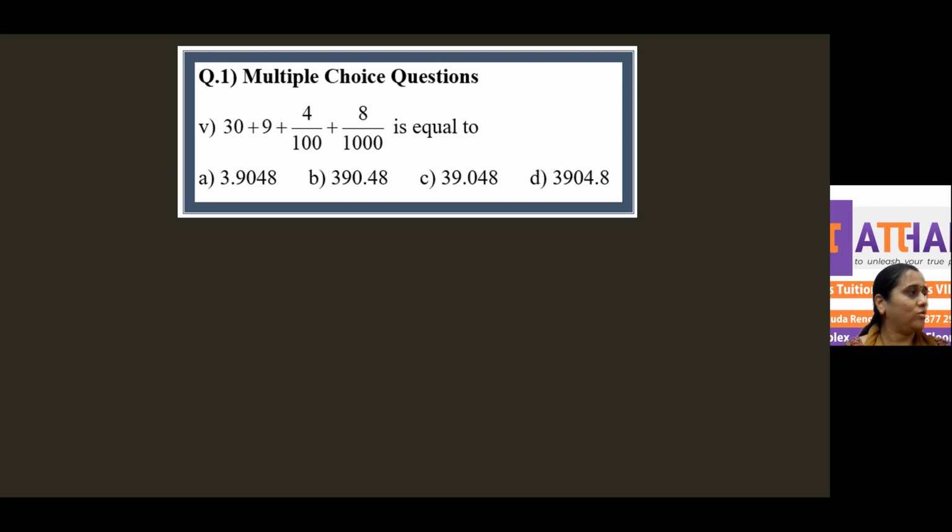Okay. So now we'll have to use the place value chart. To answer this one, we'll have to use the place value chart. So let's write the place value chart. Decimal point, ones, tens, hundreds, thousands, and so on. You know this.